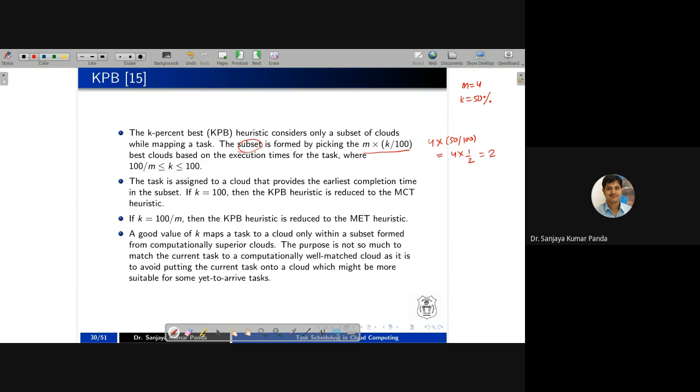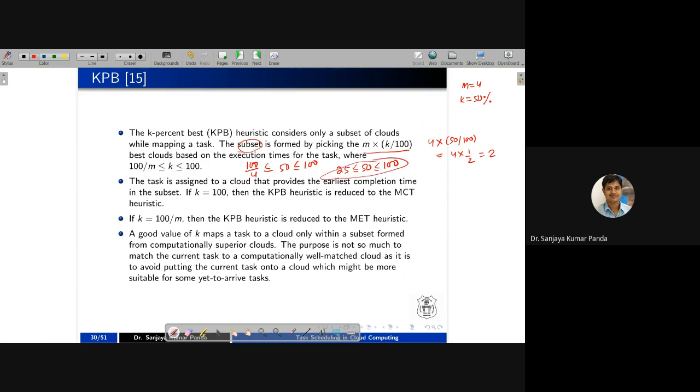Based upon the execution time for the task, where 100 divided by M, so 100 divided by 4, is less than or equal to K, and K is 50%, less than or equal to 100. You see, 100 divided by 4 is 25, so 25 is less than or equal to 50, less than or equal to 100. This condition needs to be satisfied. You have to choose a value such that this condition is satisfied.